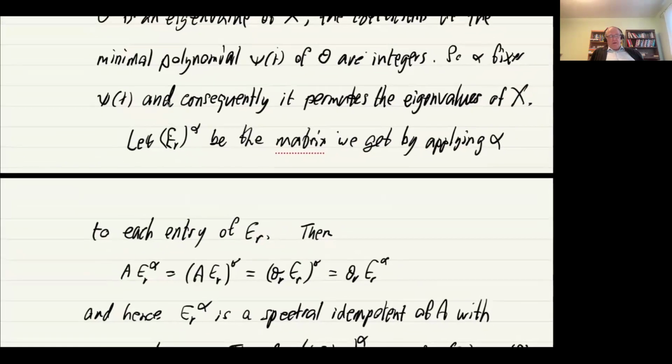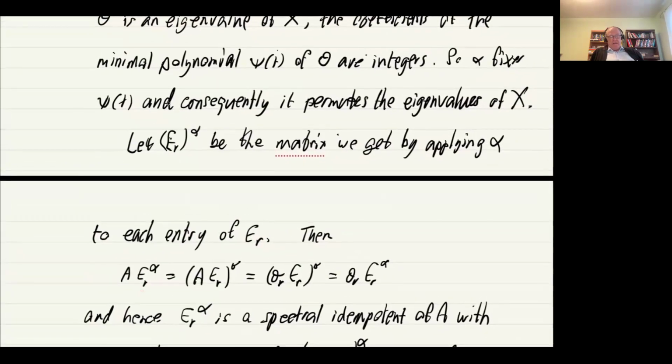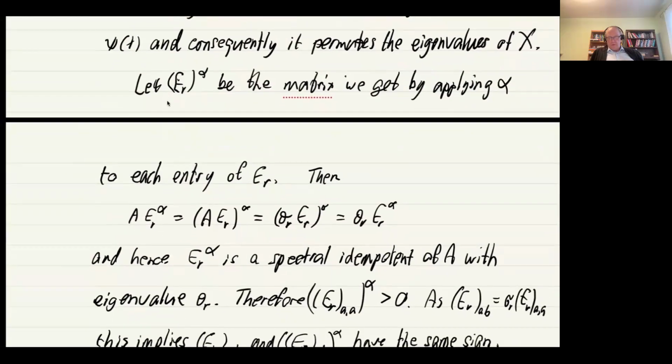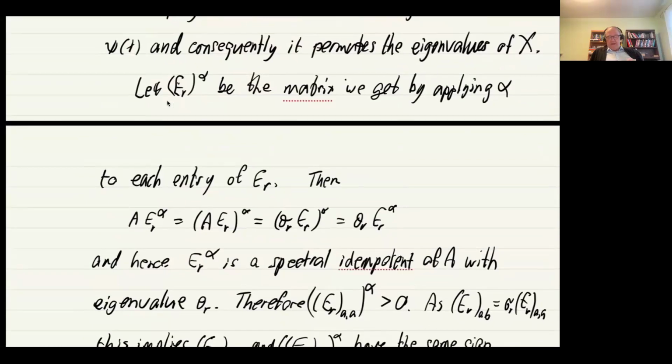Now, the thing to notice is that if we apply A to E_r to the alpha, since A is an integer matrix, it's fixed by our alpha, and so I can pull it in.